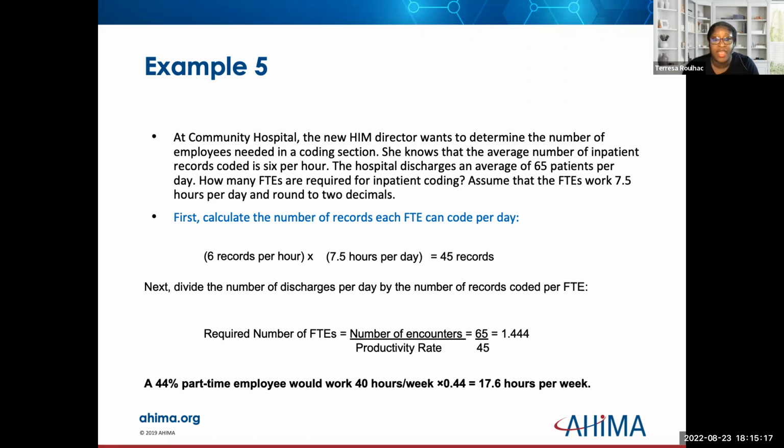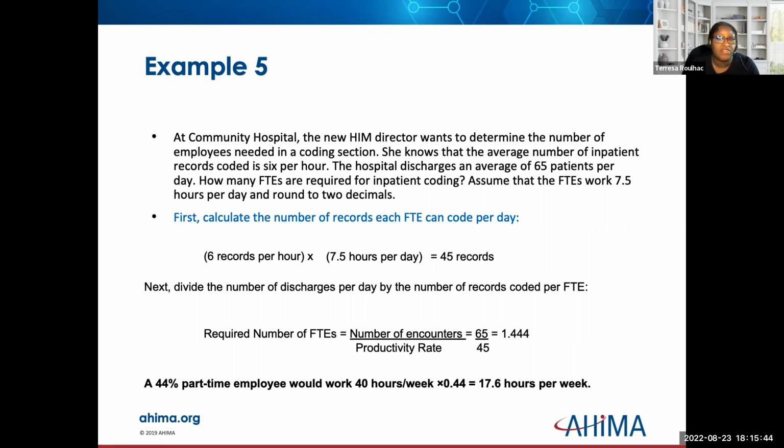So 1.44 FTEs, or 1 full-time employee and 1 44% part-time employee. A 44% part-time employee would work 40 hours a week times 0.44, equaling 17.6 hours per week. So that's what that part-time employee will be required to work.